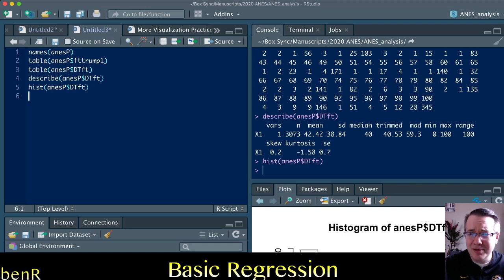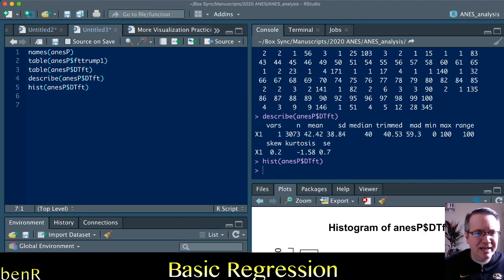With feeling thermometers, that is fairly common. I would say this is a lot of zeros, even for the standards of politics today, but it would not surprise you to learn that some people have cold feelings about Donald Trump. So one could argue that a different form of regression would be appropriate, but for purposes of showing you how to use R to do a basic linear model, we're still going to use this outcome.